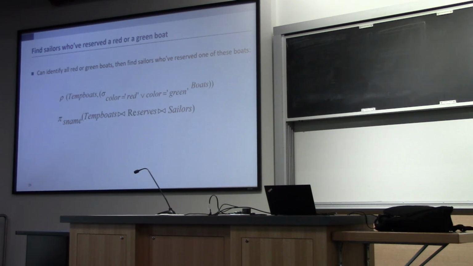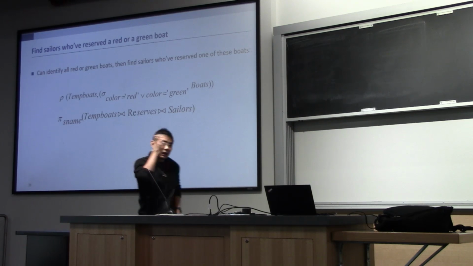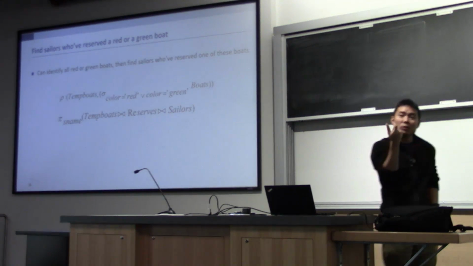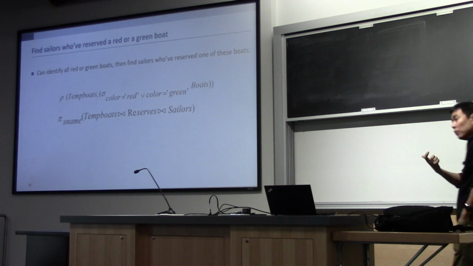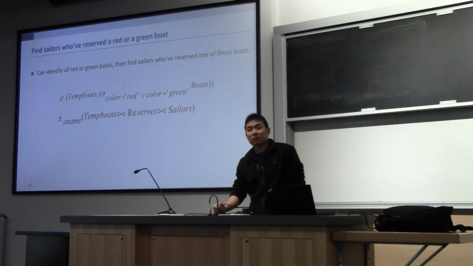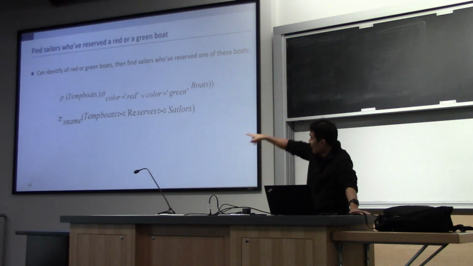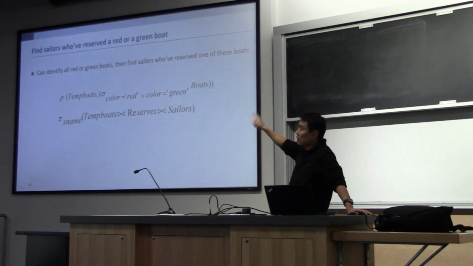You follow that? So English language and logic don't really match up one-to-one, right? When I say that instance holds both red and green color boats, in order to get that, you need to use or instead of and. So human language doesn't really match up with logic operators all the time. Sometimes they match, sometimes they don't. You have to be a little bit careful. Now, with that defined, I will take this temp boats, natural join with reserves and sailors, and put out the sailor name.